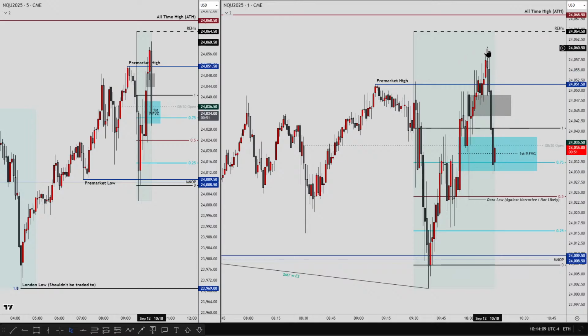This is where, if I didn't get into a trade at the start of the session and I wanted longs, I think I said this in a recent stream as well, if you just fall short of a strong drawn liquidity, what was a strong drawn liquidity here? All-time highs. We fell short of it, we displaced lower away from it, fast.